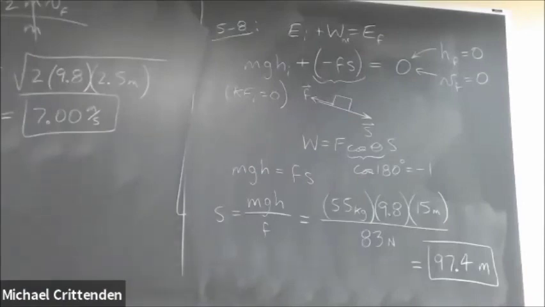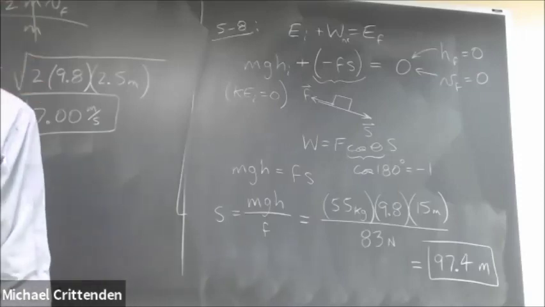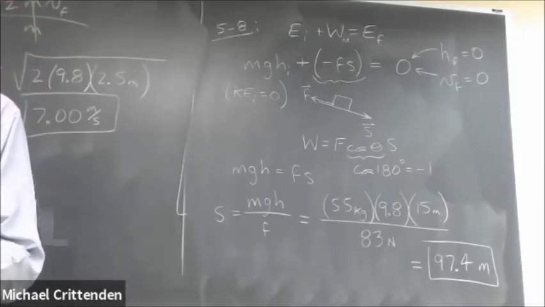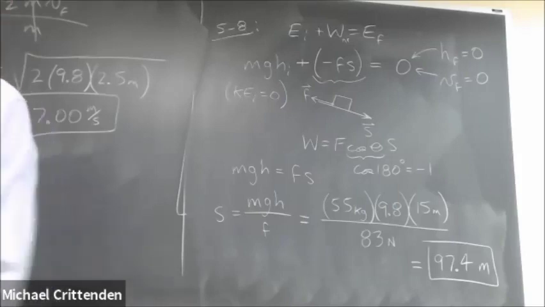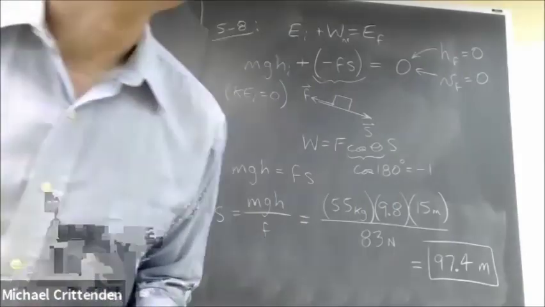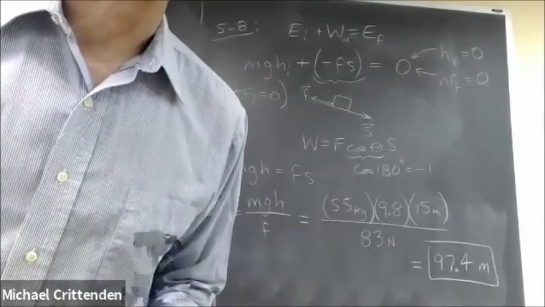So S is 97.4 meters. Of course, you always go a little further the second time if you manage to slide down the same spot again, because you got the snow compacted from the first time you went through. But the question doesn't ask about that.